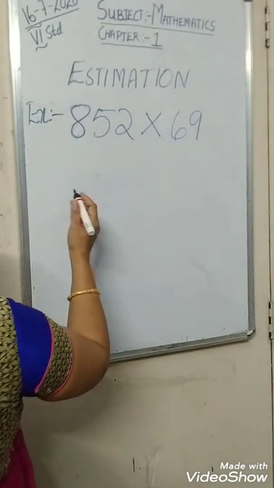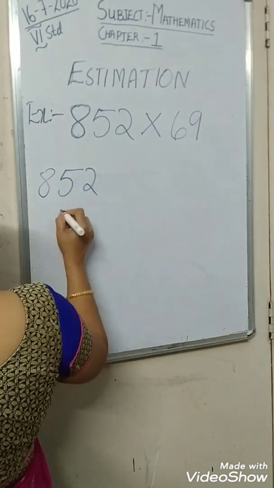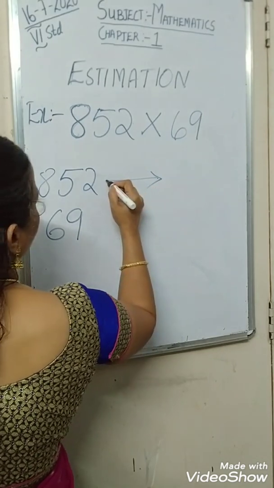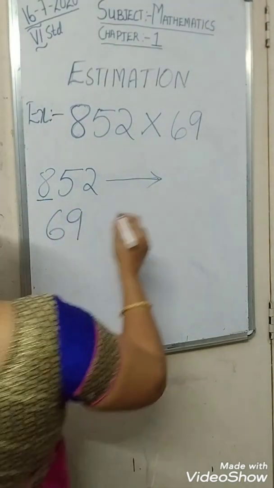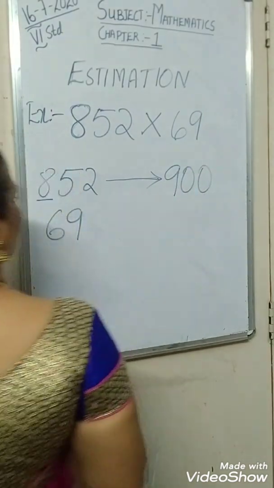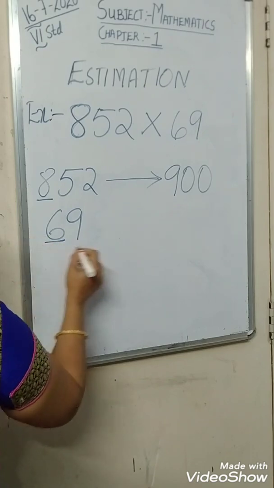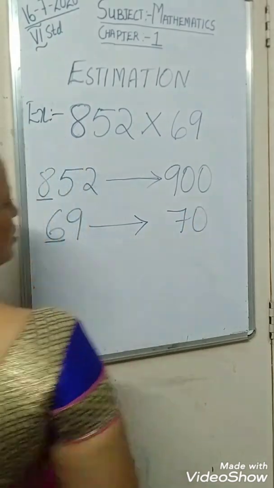Before multiplying, let us estimate the numbers 852 and 69. When 852 is estimated to its greatest place value, that is 8, we get the number as 900. And here the greatest place value is 6. It is estimated to 70.